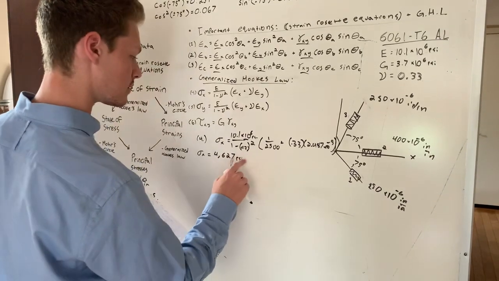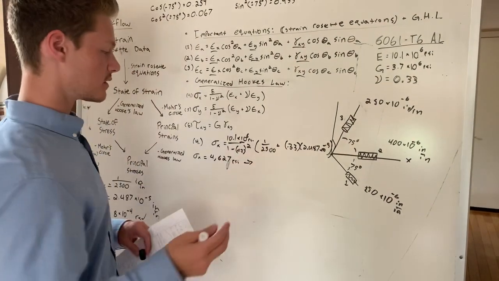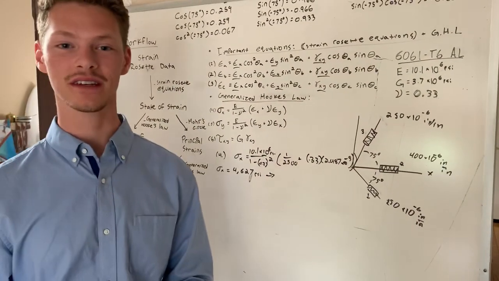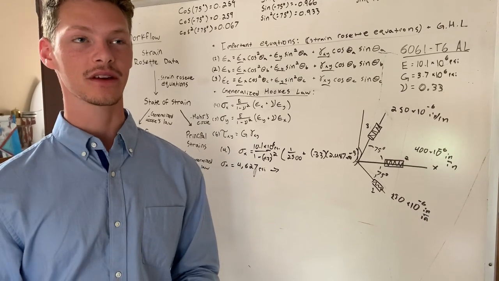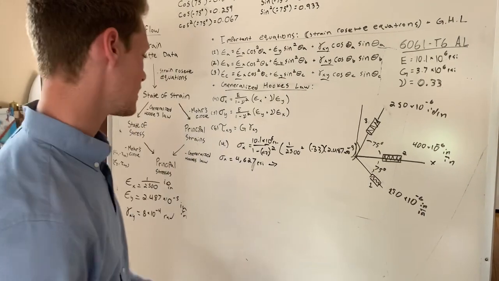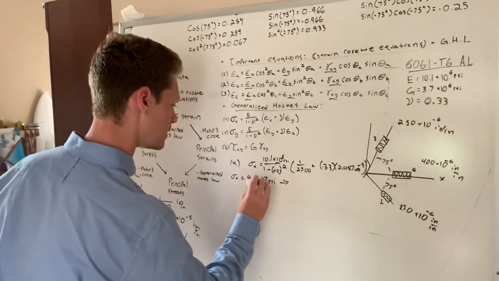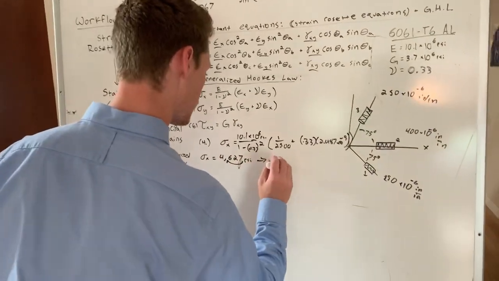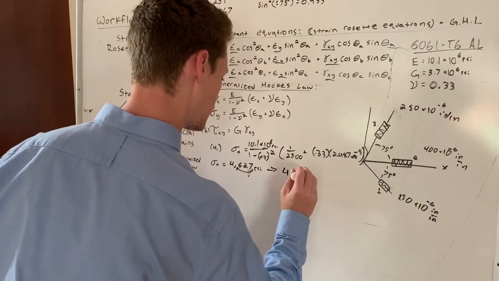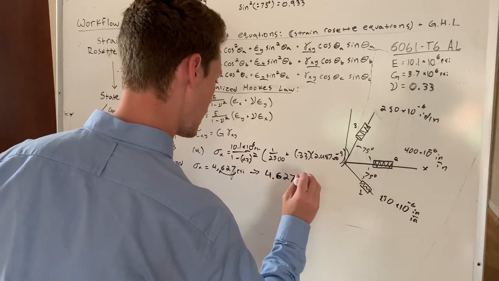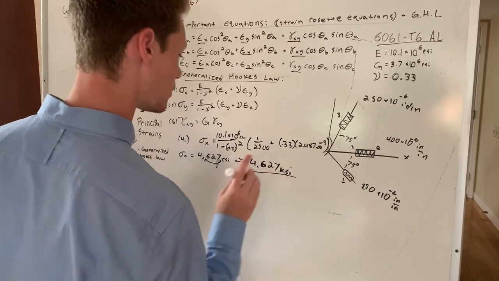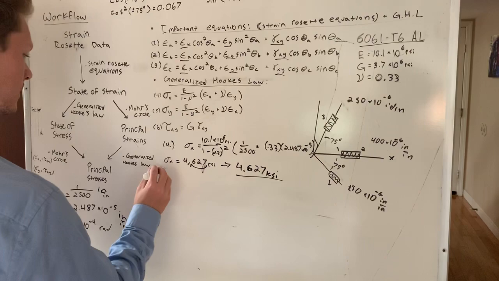So let's switch this over to KSI. There are 1,000 PSI per 1 KSI, so we can divide this by 1,000. Move the decimal place over here, and we get 4.627 KSI. All right, this is an important number. We're going to need this later.